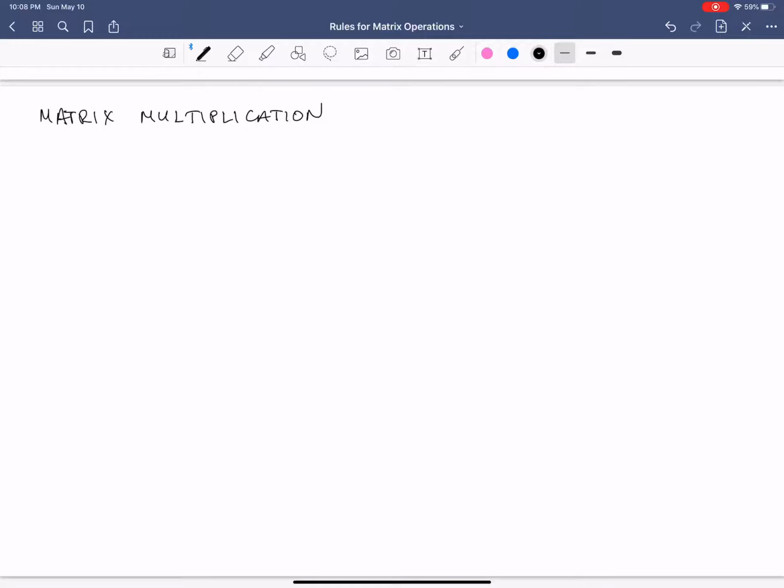Before I define how to do matrix multiplication, which we almost have but not quite, we will do that in a moment, let me say something about when I can multiply.